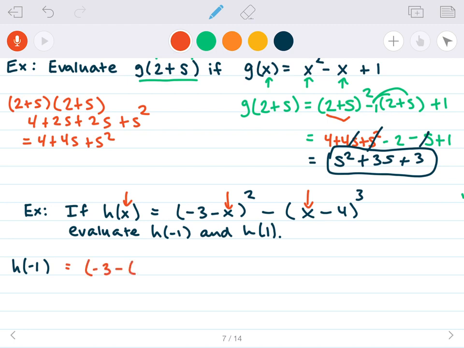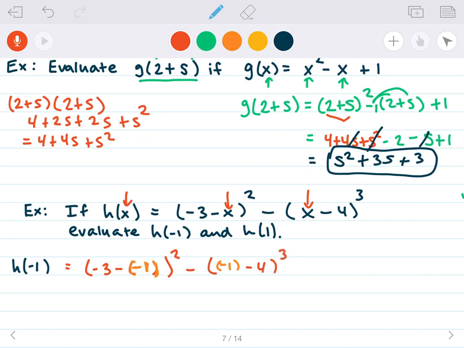We're going to be super careful to make sure that -1 is in parentheses. And the reason I'm doing that is because sometimes the signs get hairy and you make a mistake if you don't put it in parentheses.